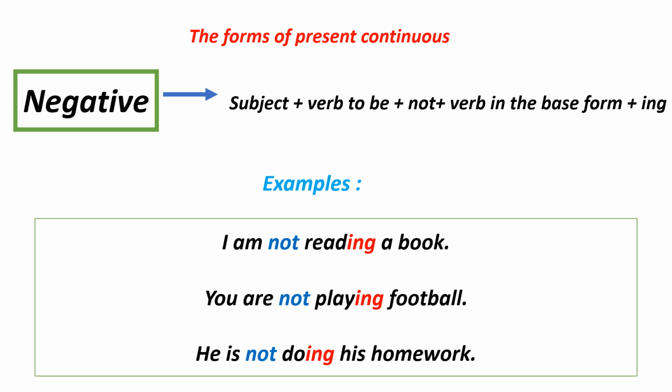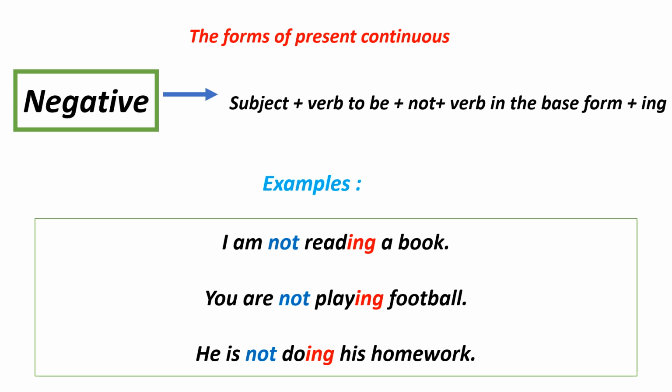If I want to make a phrase in the negative form, I must have a subject and the verb to be. I am, you are, he is, she is, it is, we are, you are, they are. And not is the important thing in the negative form. Then the verb in the base form: read, play, do, eat, stay, stand, and ing.